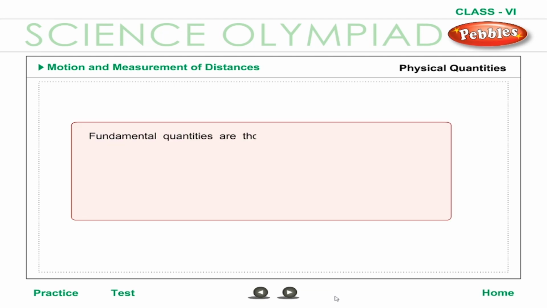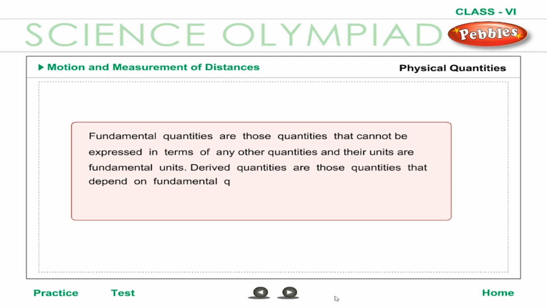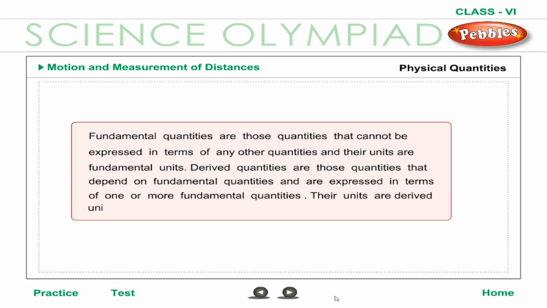Fundamental quantities are those quantities that cannot be expressed in terms of any other quantity and their units are fundamental units. Derived quantities are those quantities that depend on fundamental quantities and are expressed in terms of one or more fundamental quantities. Their units are derived units. The above table shows the derived quantities and their units.